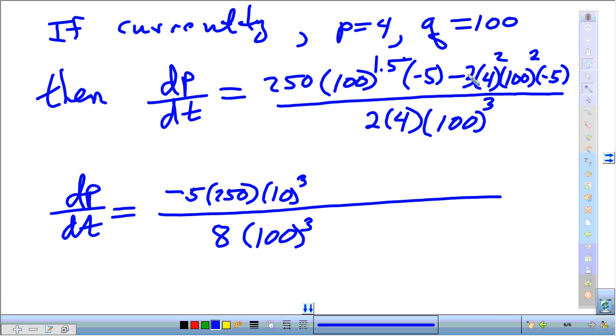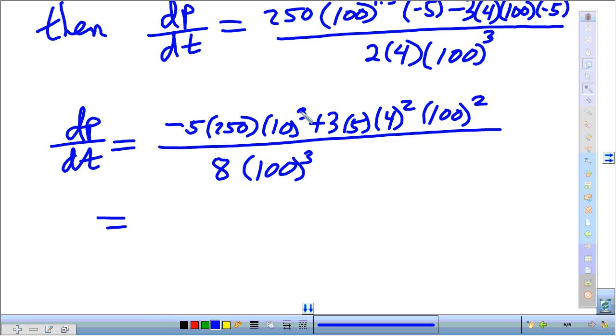And this one is a plus 3, 5, we get 4 squared. And 100 squared. So I'm looking at all the tens going on here.